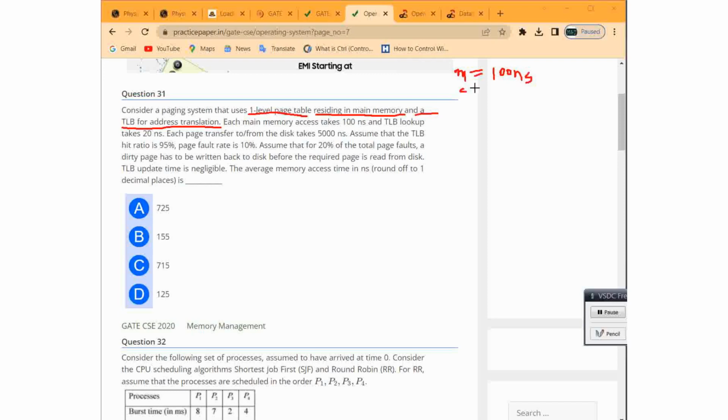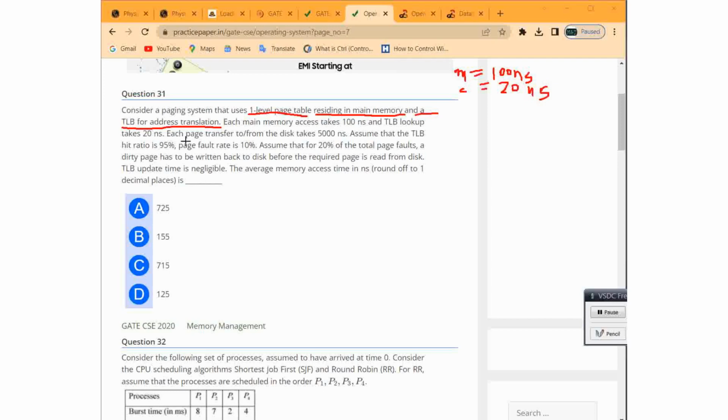Let's say TLB lookup is equal to C, which is 20 nanoseconds. Let's not waste time here; we will collect the data at the time of calculation. So each main memory access takes 100 nanoseconds.